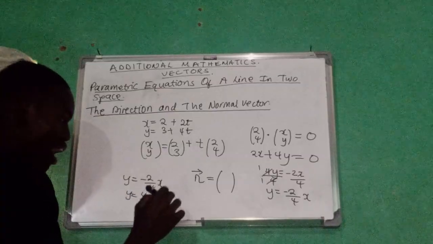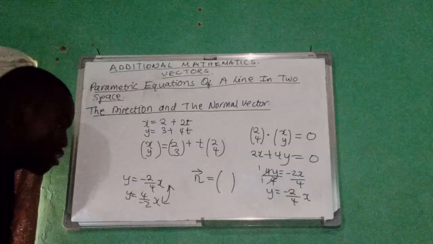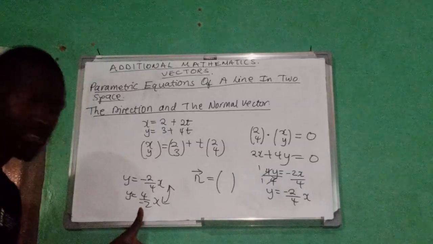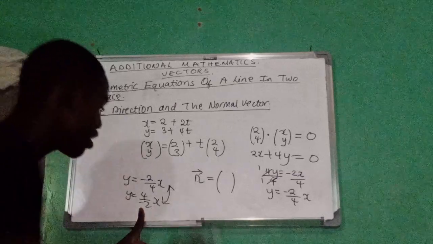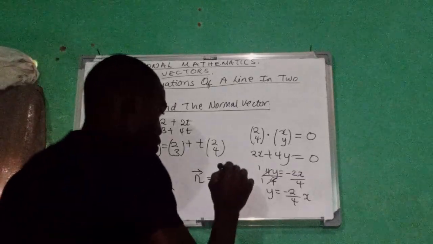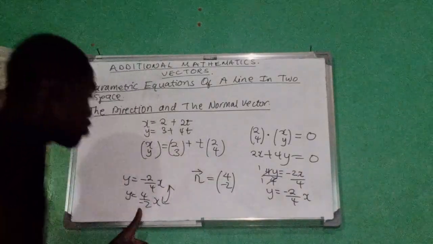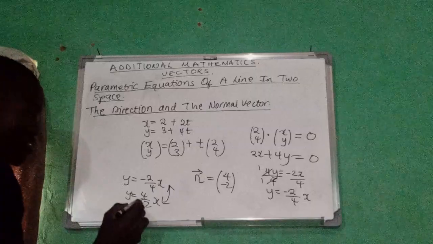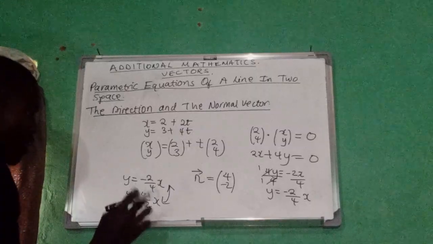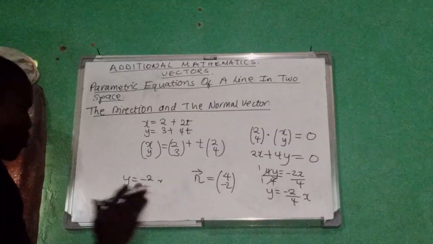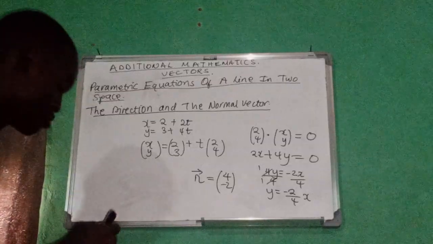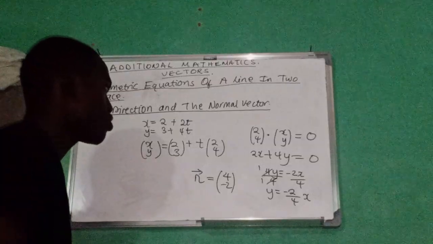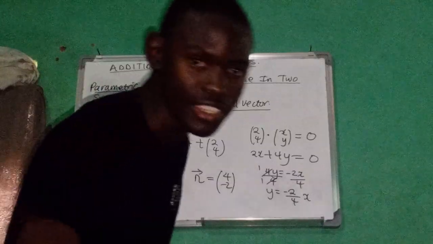So what have I done? I have swapped these, okay? This is what I want you to do. So the normal vector is (4, negative 2). It's like you swap these two numbers, then you get your normal vector as (4, negative 2). This is method 1 for finding the normal vector.